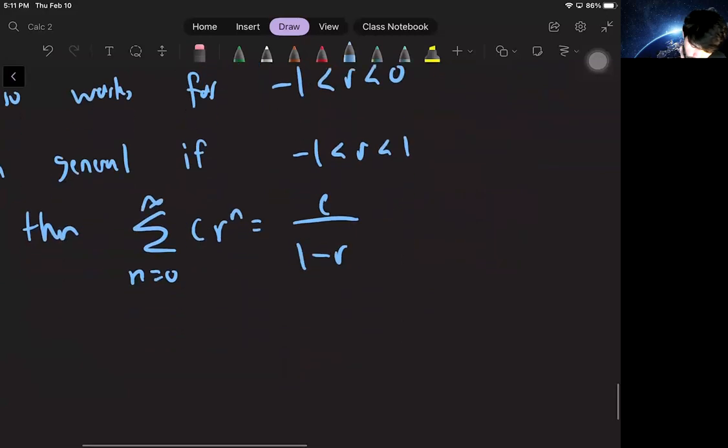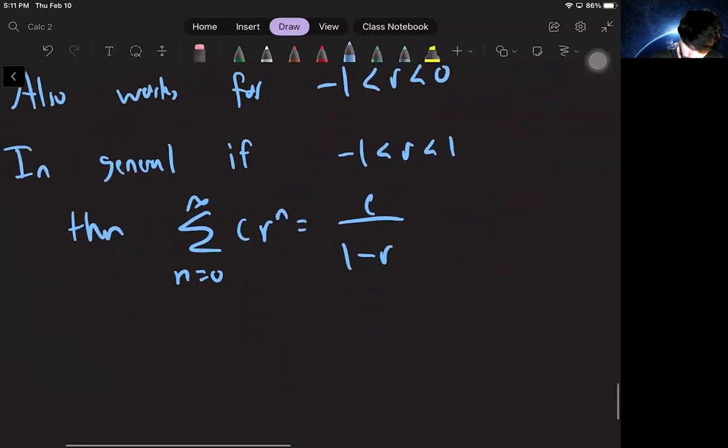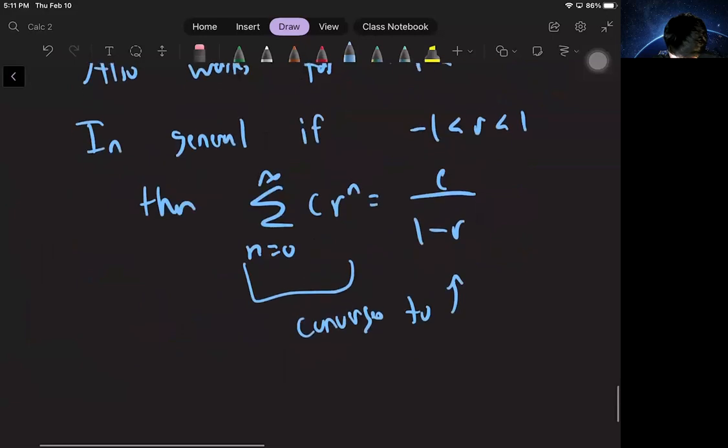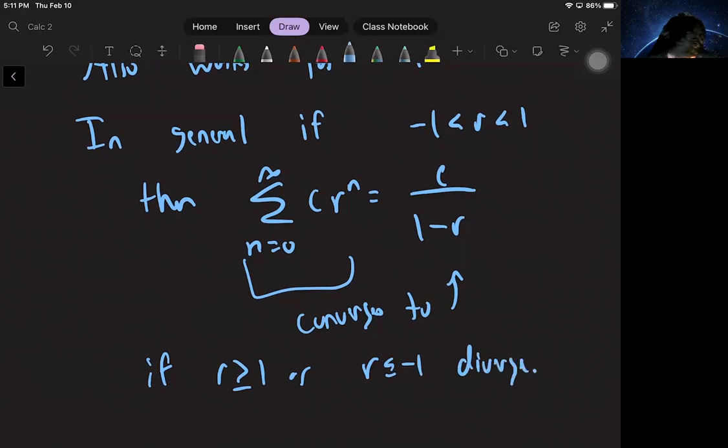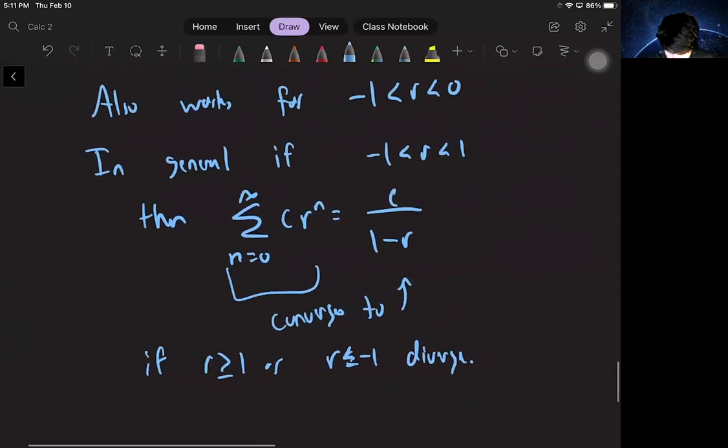This is what it actually equals. Otherwise, if r is outside of 1 and -1, then it'll diverge. Okay, so that's the solution for all geometric series.